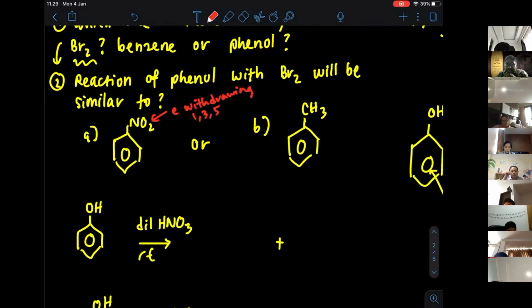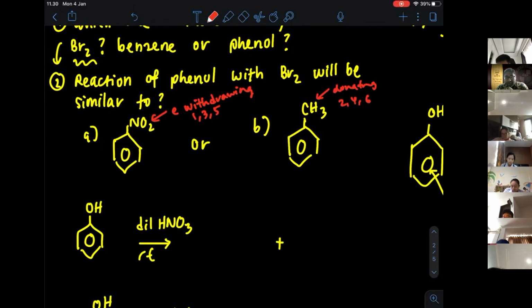If you have CH3, it is an electron donating group. Electron donating groups will activate positions 2, 4, 6. Phenol is also an electron donating group, the OH. So it is going to be more similar towards B. That's very important. This is one of the things that I want to highlight.